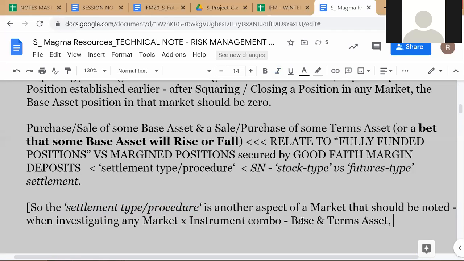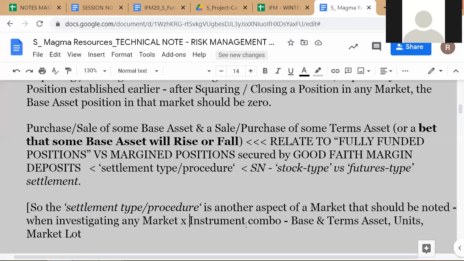You have to look at units, like gold is traded in units of troy ounce, so the price is quoted in terms of troy ounce, so that's what is meant by units. Then you should also look at market lot, for institutional trading. So base and terms asset, market lot, units.